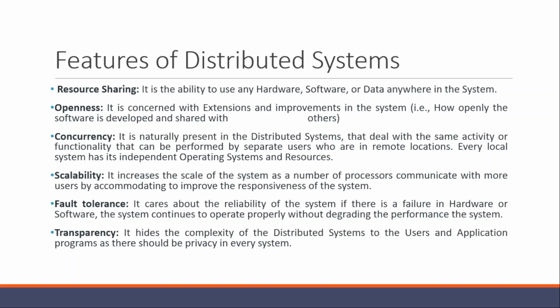It should have failure handling, where it can hide the fact of resource failure. It should have persistence, where it can hide the fact about memory location. And it should have relocation, or migration, where it can hide the moved place or location altogether.